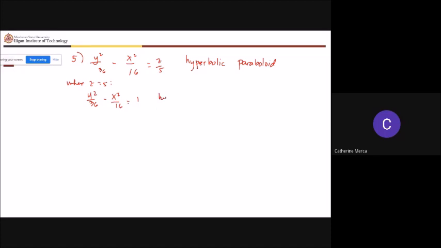In the yz plane, x is 0, so you will have y squared over 36 equals z over 5. So you will actually have here a parabola.